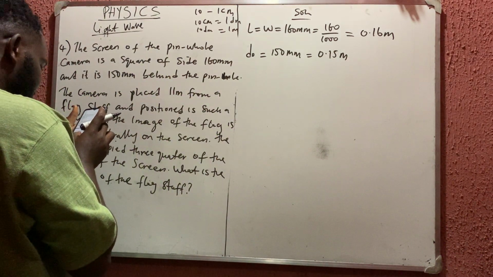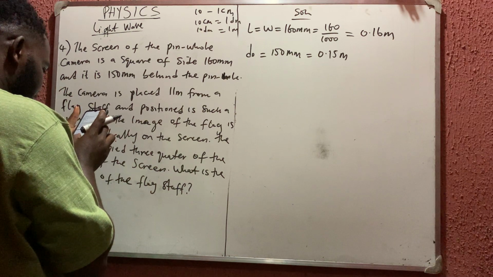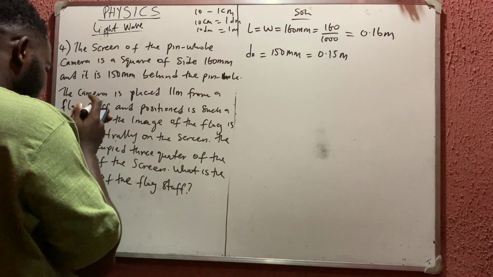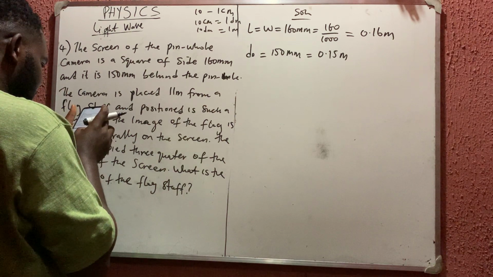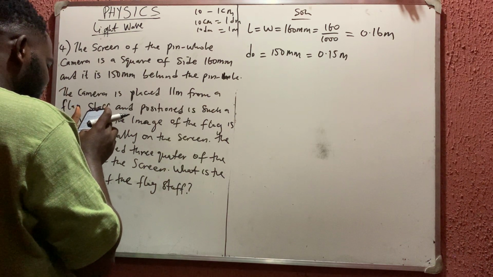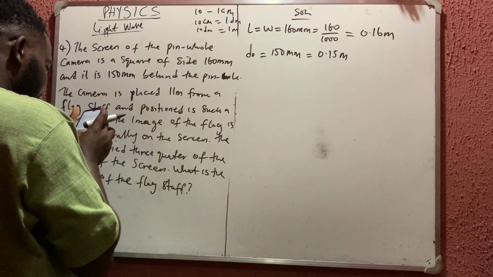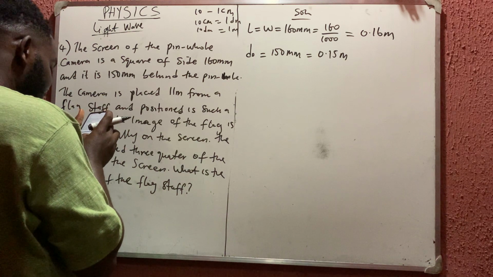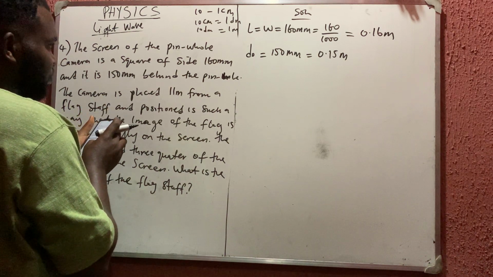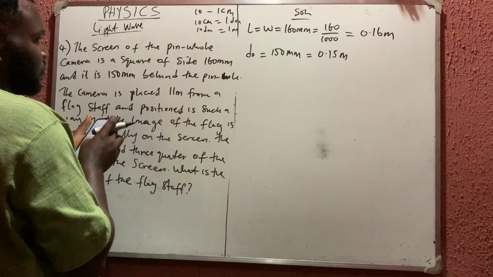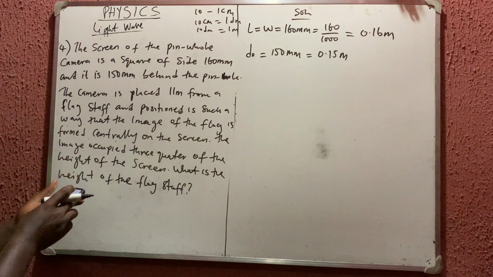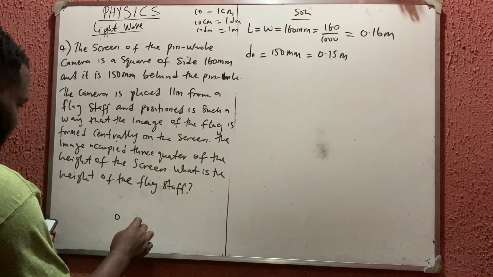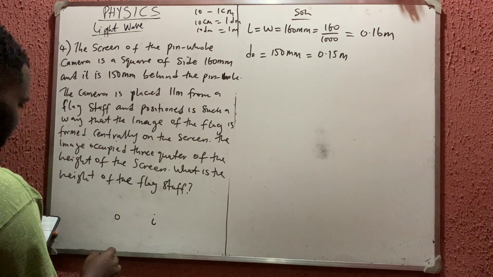So what else did they say? They said the camera is placed 11 meters from the flag post. I have my object and my image here.